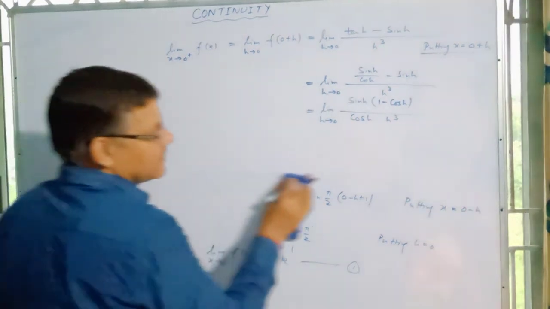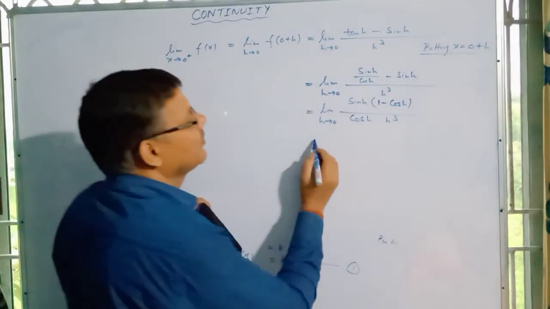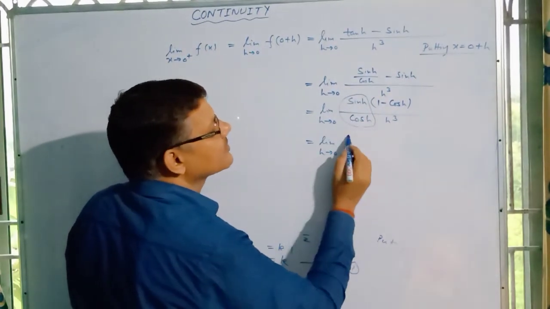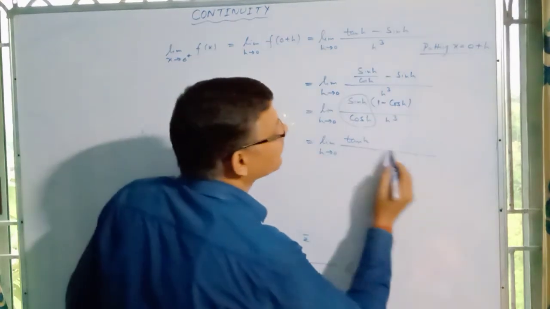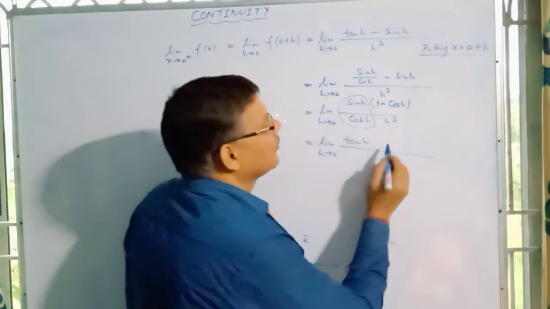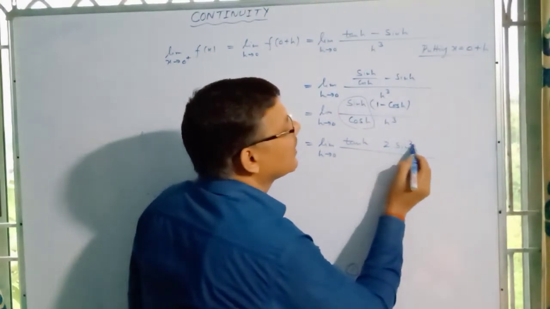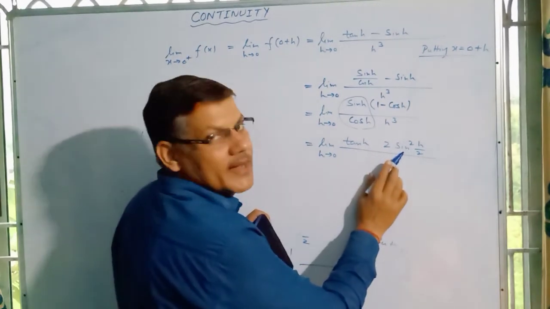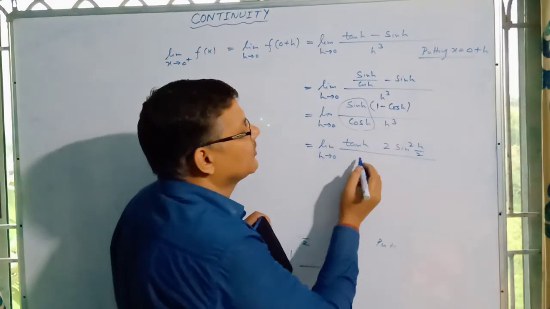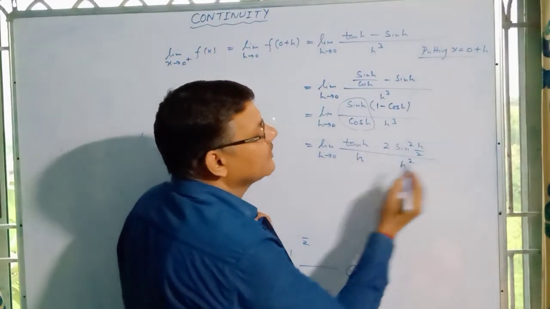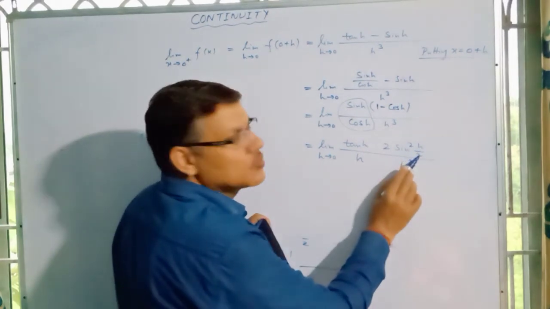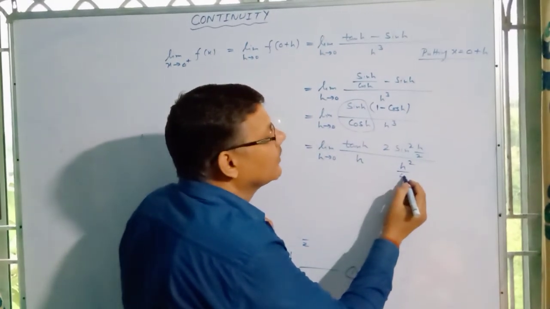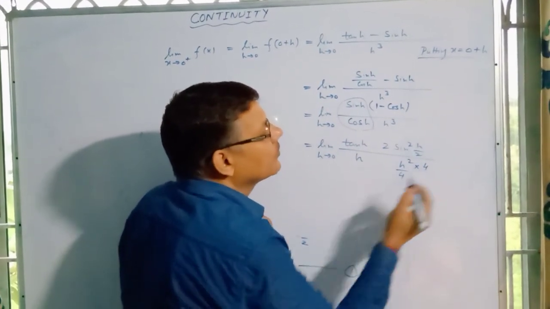Now, sin h by cos h is tan h, and 1 minus cos h is 2 sin square h by 2. Since it is a square, we split h cube into one h here and h square here. When we square h by 2, it comes as h square by 4, so we divide by 4, that is, multiply by 4.